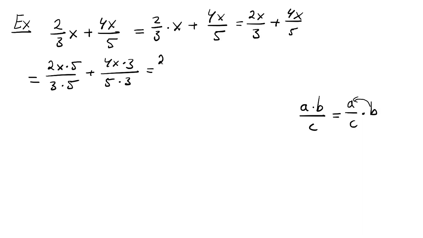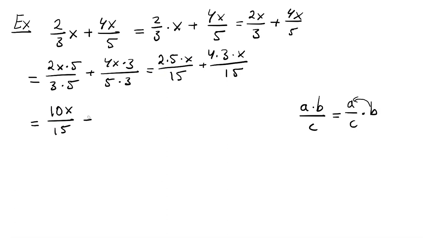So we can write this as 2 times 5 times x. Here says times between 2 and x. And here's 15. And also here, 4 times 3 we can take first. Now we have 10 times x, or just 10x. And 4 times 3, that's 12 times x.